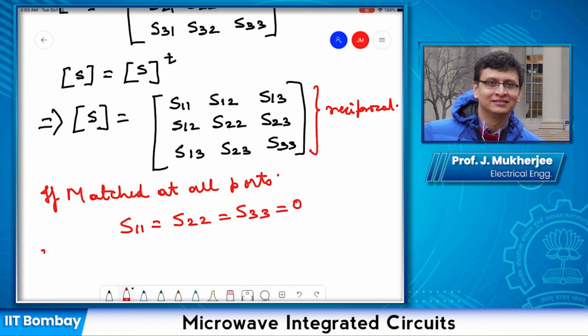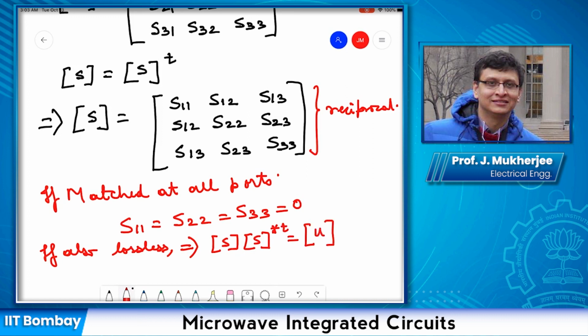And if also lossless, then it implies the unitary condition. Okay, so with these in mind, let us try to evaluate the S parameter matrix.